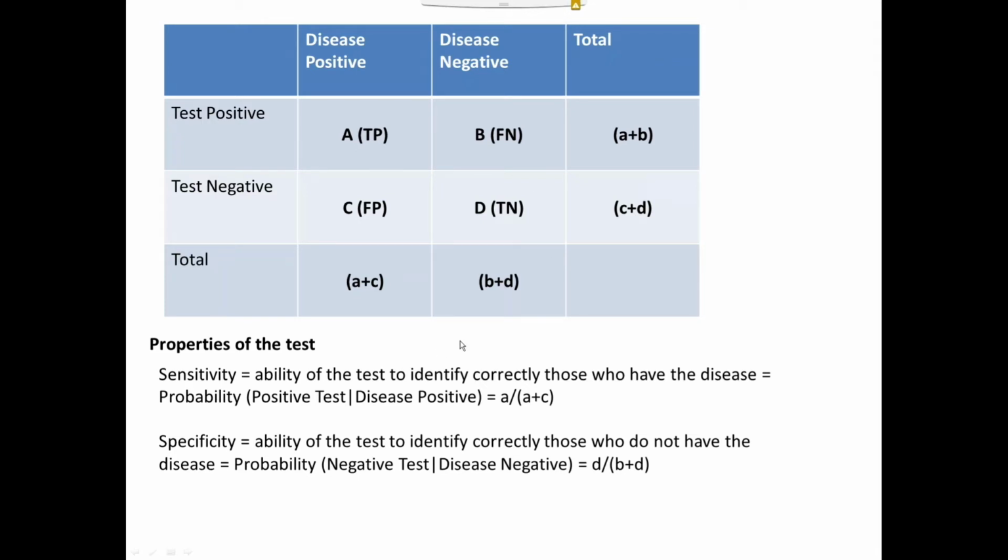Inherent in the properties of the test are two things: the sensitivity, the ability of the test to identify correctly those who have the disease, so it's the probability of having a positive test when you're disease positive, or A divided by A plus C. And specificity, the ability of the test to identify correctly those who do not have the disease, so the probability of having a negative test and being truly free of the disease, or D divided by B plus D.